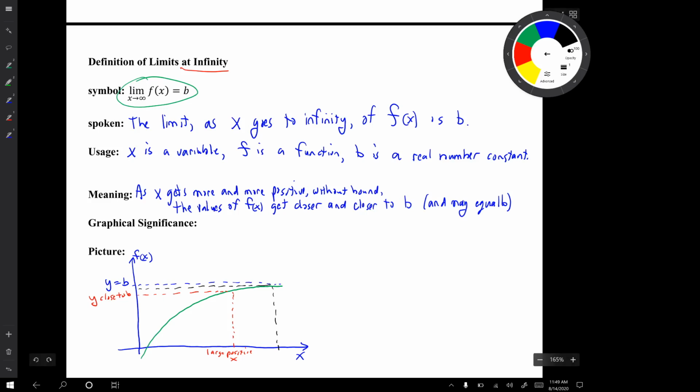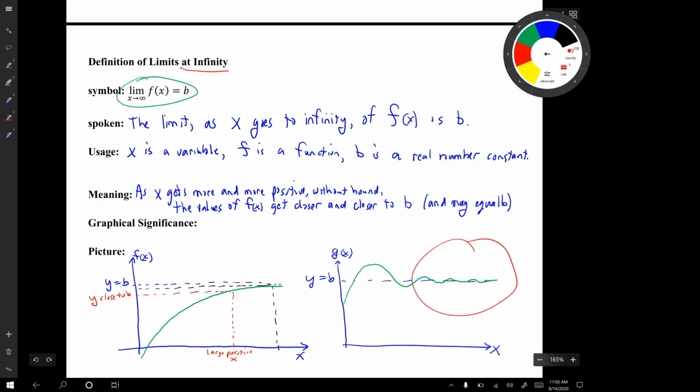So let me draw another picture of a graph that has that limit behavior. So in this graph, notice that the y values, as I go off the right end of the graph, are getting closer and closer to b, or they're remaining closer and closer to b, and sometimes they actually are equal to the number b.